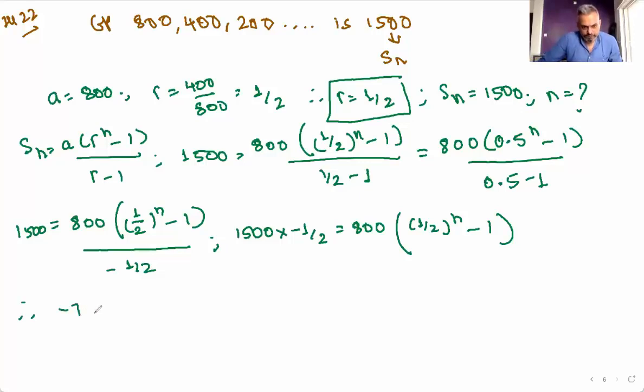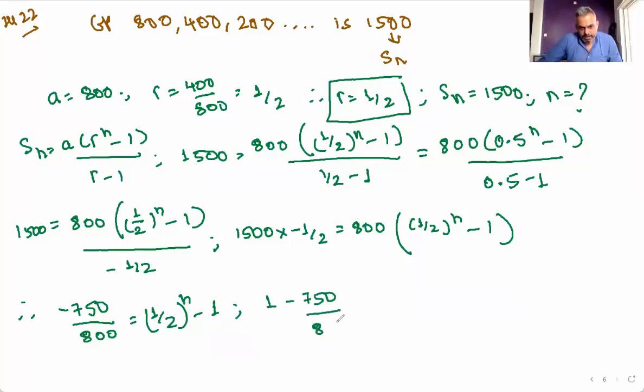So 750 upon 800 is equal to 1 by 2 whole raised to n minus 1. Now this minus 1 here will become plus 1. So 1 minus 750 by 800 is equal to 1 by 2 whole raised to n.